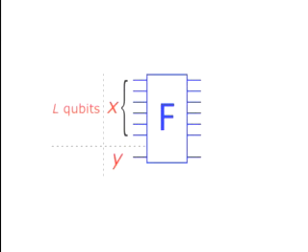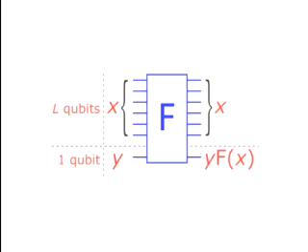For inputs x and y, where x can take one of 2 to the L values and y can take one of 2 values, plus and minus 1, it gives an output x and y times f of x. So the oracle as a whole operates on L plus 1 qubits. And it may also contain an unknown number of internal qubits that we never see.